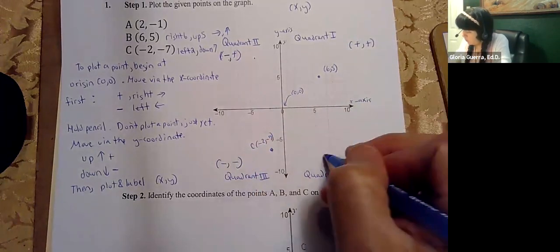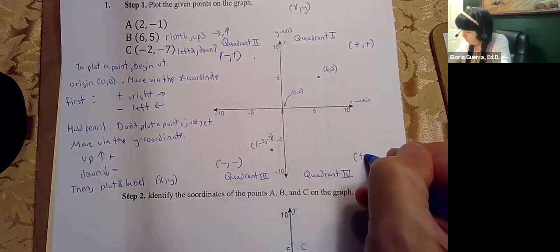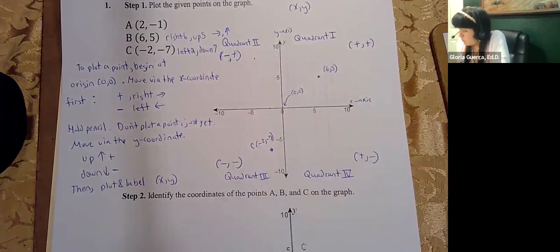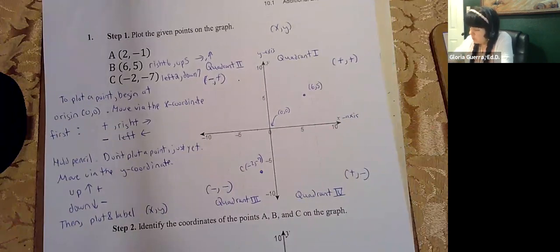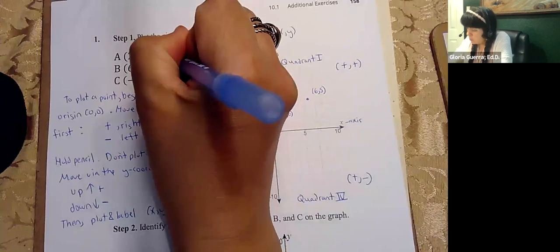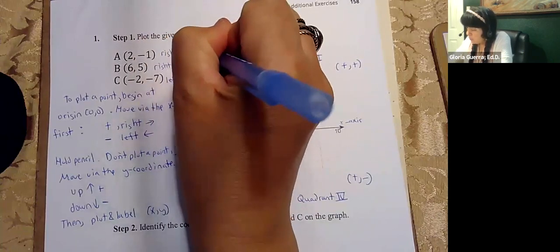And then if you have a point living in quadrant 4, that'll be positive, negative. So that looks like A. A is 2, -1. So 2 tells you to go right 2, and then -1 tells you to go down 1.